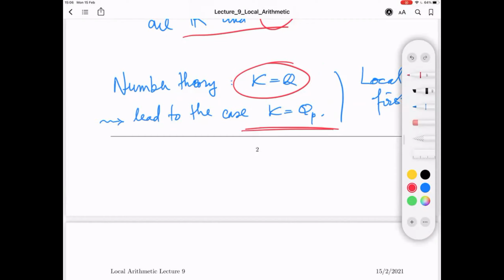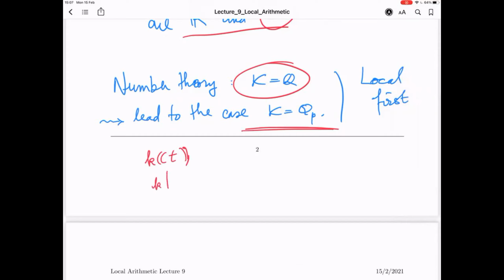So we have this field Q_p, and we would like to understand or classify or write down, enumerate, list all finite extensions of Q_p. And another field which we would like to consider is this field of power series in one variable over little k, where little k itself is a finite extension of F_p.